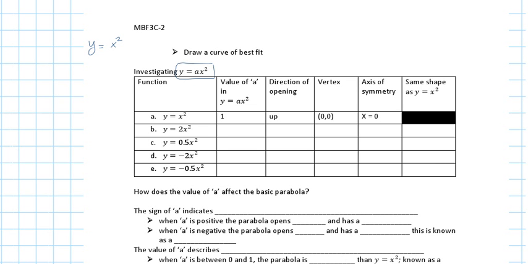It was opening up, right? It looked like this, with the vertex at 0, 0. All right, so we're going to get Desmos and graph them, and we're going to see what's happening to the graph as I include a number in front of the x squared.